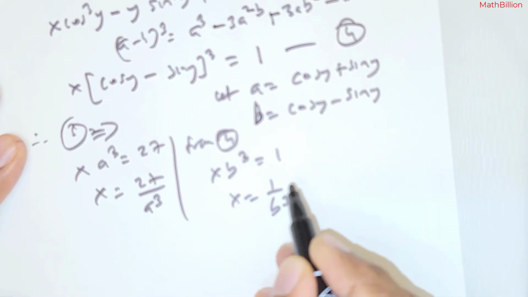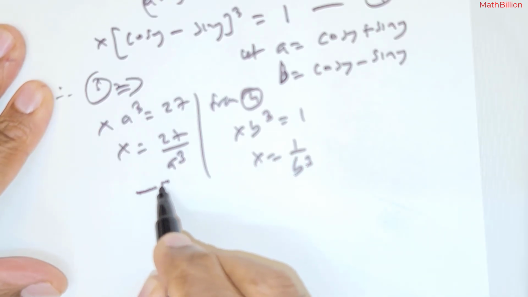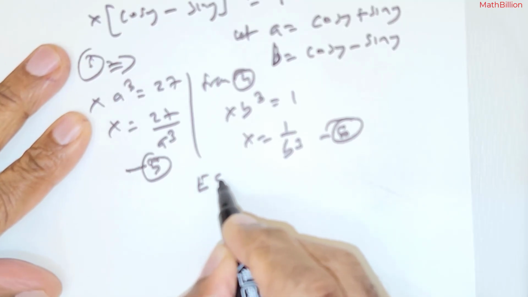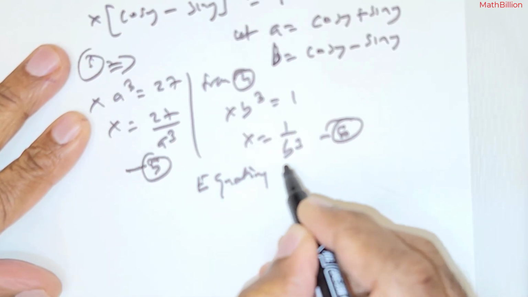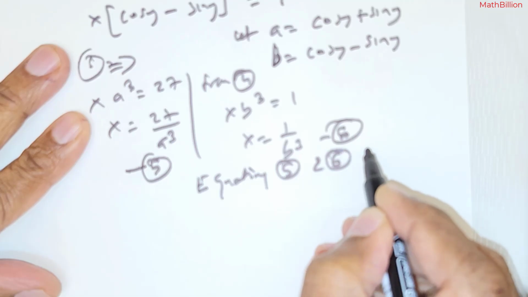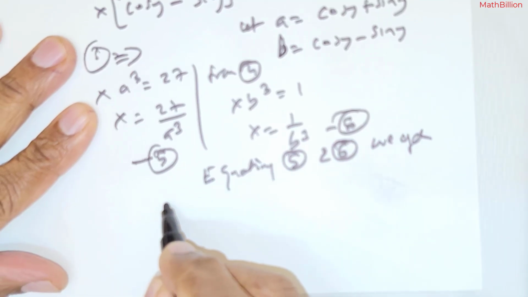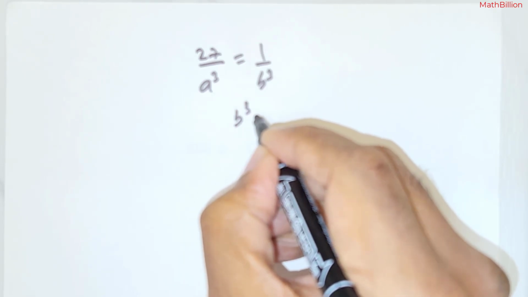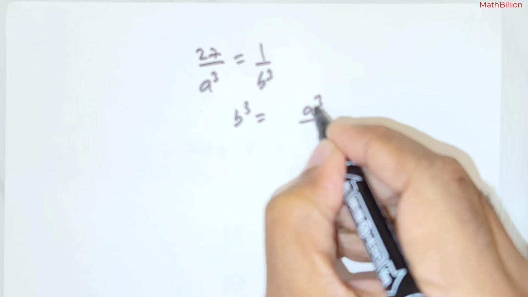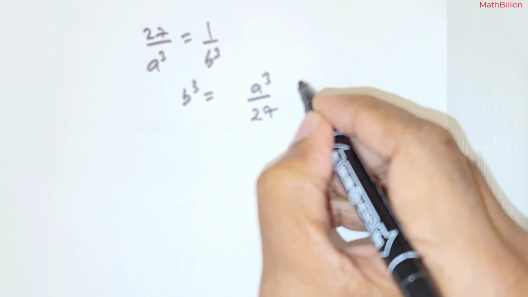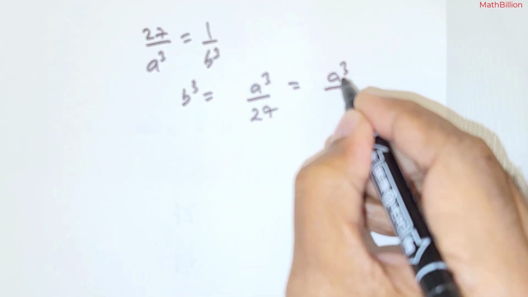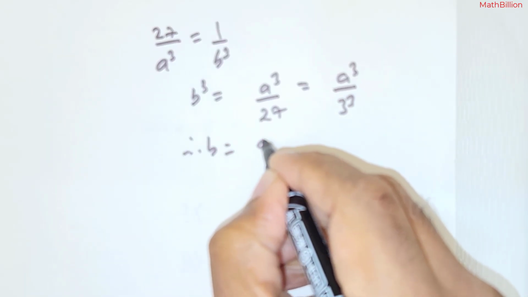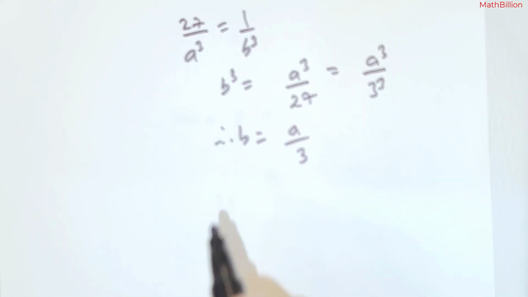So x is equal to 1 over b cubed. Now I'm going to take this as 5, take this as 6. So equating 5 and 6, I can cross multiply, so b cubed is equal to a cubed over 27. I can rewrite 27 as 3 cubed, therefore b is equal to a over 3.